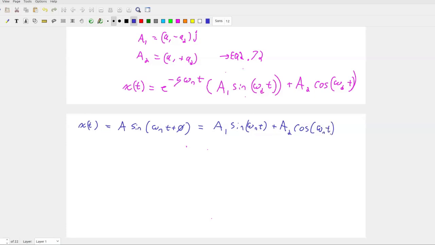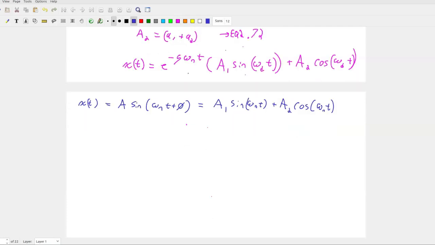If I look at those two equations, what I have is something very similar. The only thing that's different is I have a damping coefficient and I have omega d.